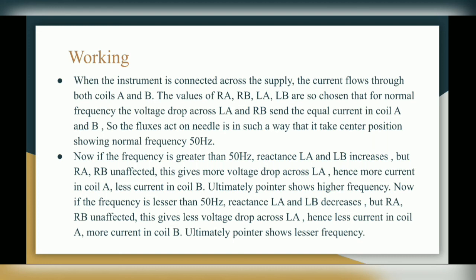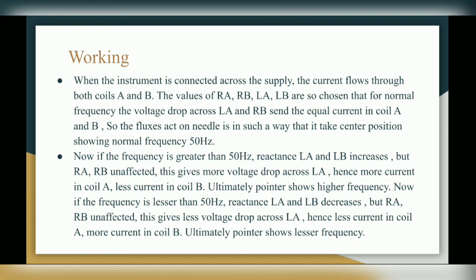Now if the frequency is greater than 50 Hz, reactance LA and LB increases but RA and RB are unaffected. This gives more voltage drop across LA, hence more current in coil A, hence less current in coil B. Ultimately, pointer shows higher frequency.